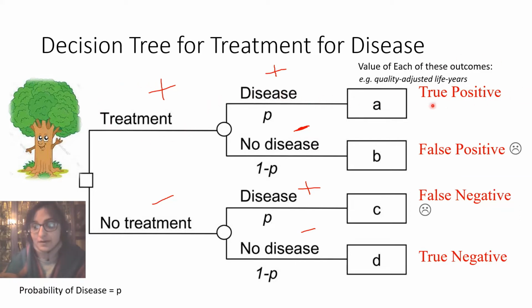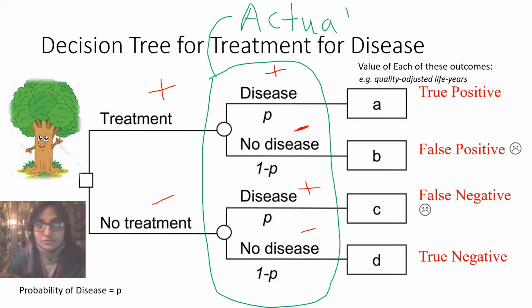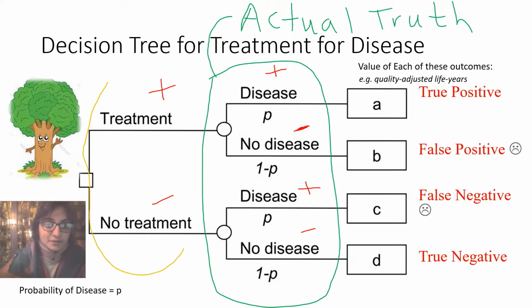Whereas a false positive is predicting that we should go for treatment, but in reality, we don't have the disease. What this part here represents is the reality, the actual truth. But over here, what we observe is treatment or not treatment. This is the action that we take given what we are predicting will happen.